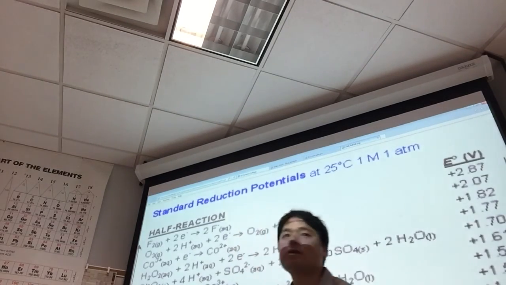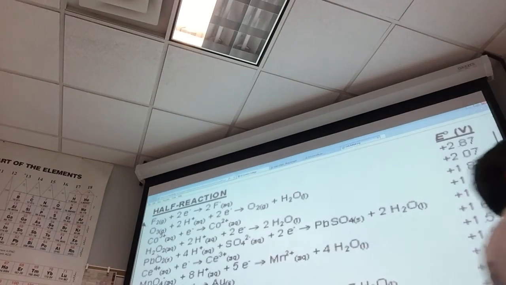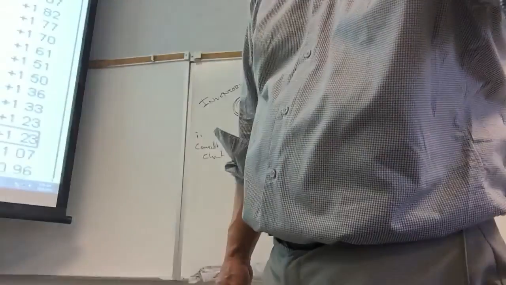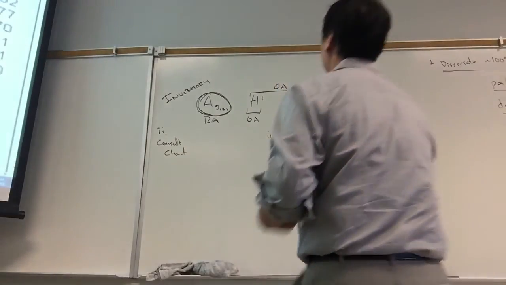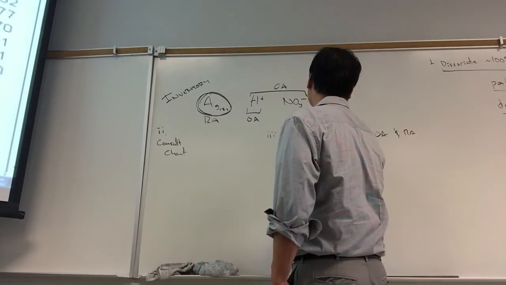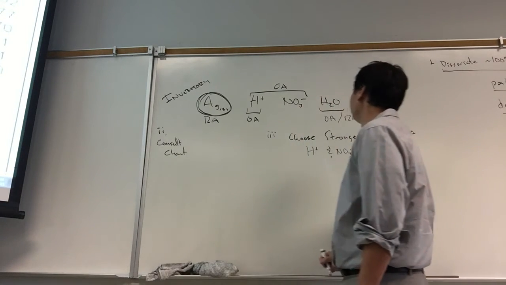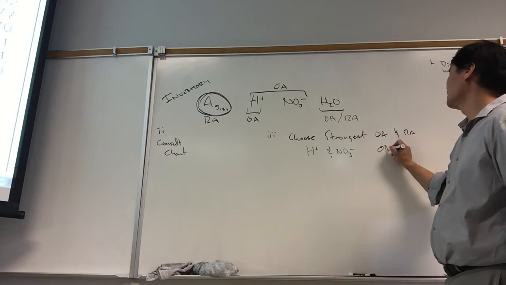As you'd expect, H2O is not very reactive, right? And so the strongest oxidizer present will be the combination here, H plus and nitrate, or nitric acid. This will be our strongest oxidizer.